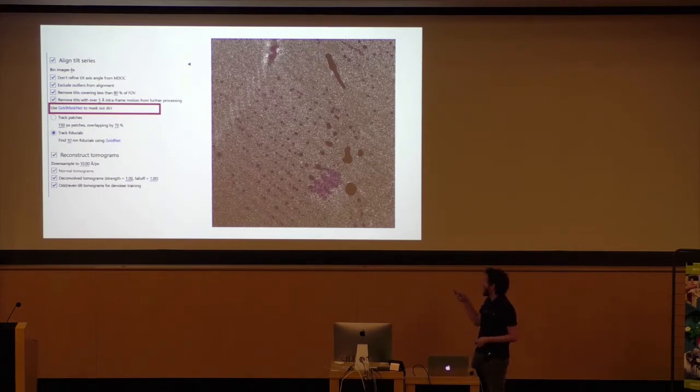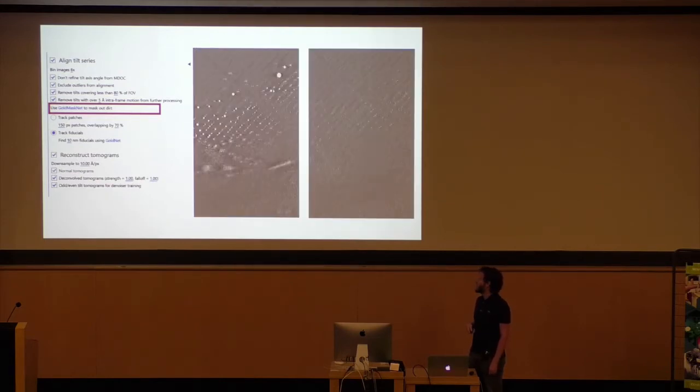So here in purple, you can see, in this case, I trained the masking on just 2 tilt images and then let it mask the rest of that tilt series. And if you do that, you can get rid of quite a bit of crap in this tomogram, which would have otherwise messed up your analysis.